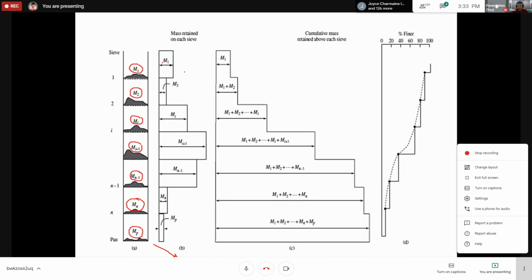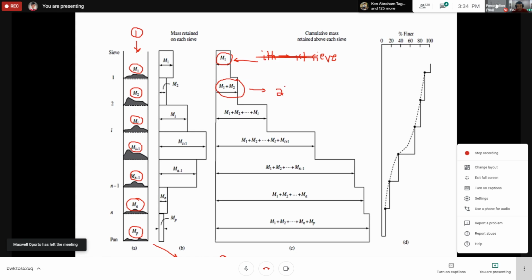So what that means is, step number 1 is determining the mass on each of the sieve. Step number 2 is determining the total mass. Step number 3 is the cumulative mass on that particular ith sieve. For the first sieve, the cumulative mass is just its own mass.